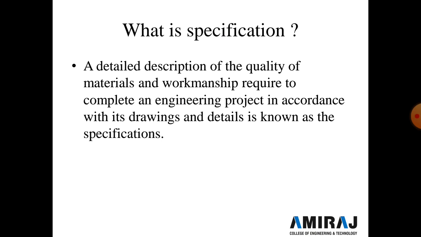Here the drawing does not furnish the details of different items of the work. The quality of the material, the proportion of mortar, and workmanship are described in a specification.